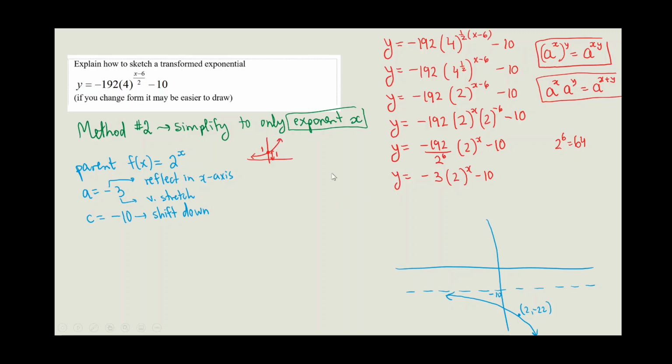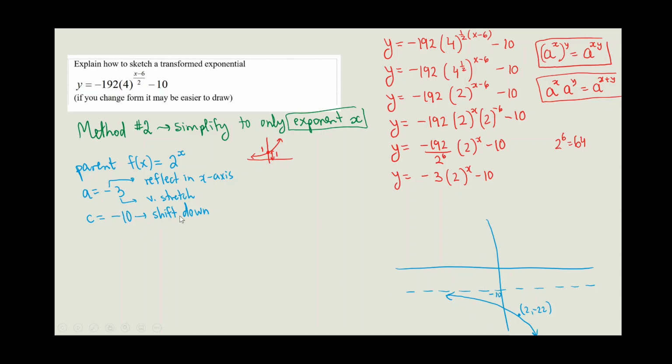They're still equivalent. And the parent, usually, all parent functions are always size 1 from the y-intercept down to the horizontal asymptote, right? So in this situation, I want you to see that there is definitely a reflection in our graph.